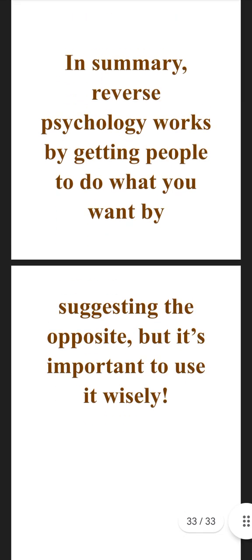Lastly, I also have an example. Suppose there is a mother and a child. The child is rebellious and resists, and doesn't want to drink milk. Then the mother uses reverse psychology without telling them, obviously.